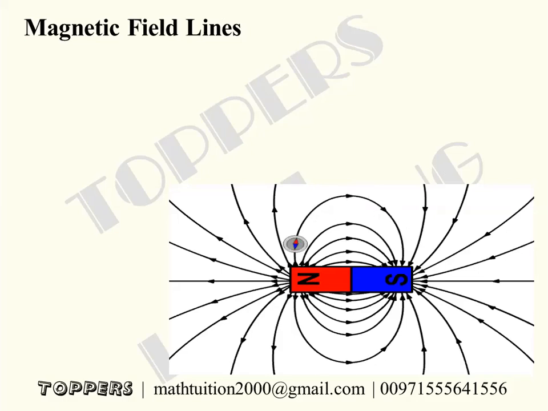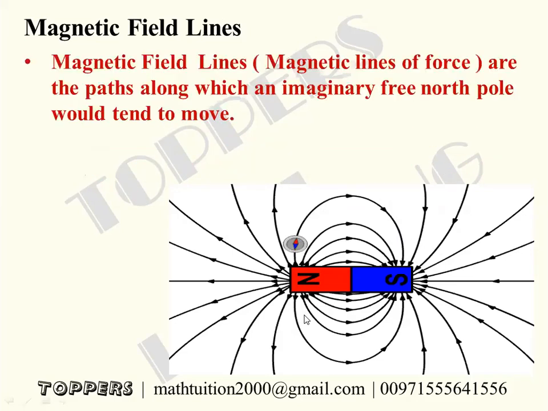Let us see what magnetic field lines are. Magnetic field lines, or magnetic lines of force, are the paths along which an imaginary free north pole would tend to move.